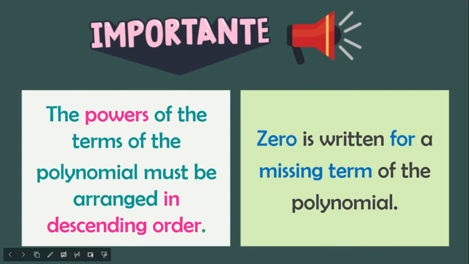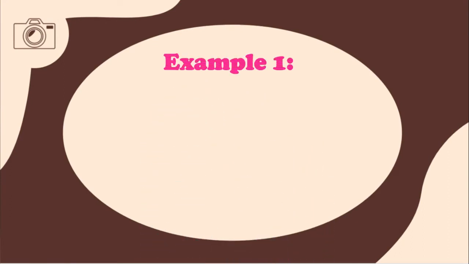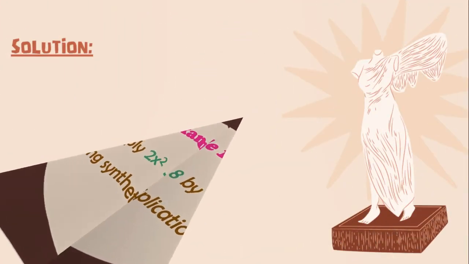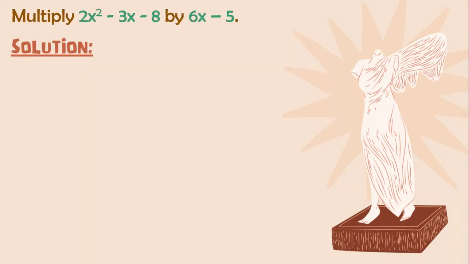Now let's try this example. Multiply 2x squared minus 3x minus 8 by 6x minus 5 using synthetic multiplication. So for the solution, first, you have to check if your polynomial is in standard form, or if the powers of the variable are arranged in descending order.